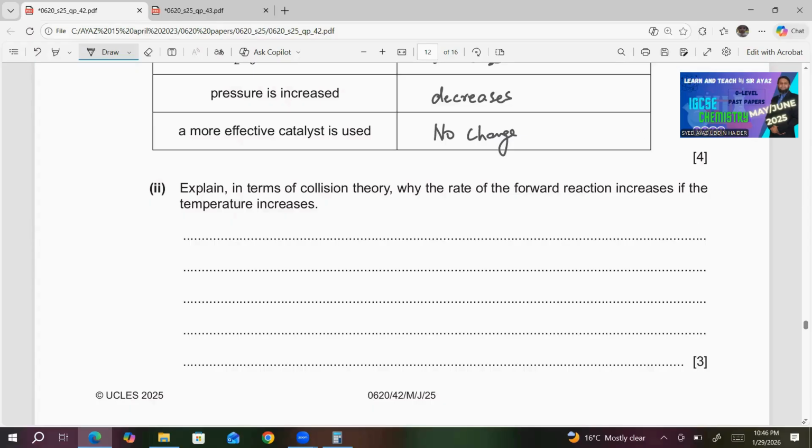You can refer to the movement or energy of the particles. Like you can write particles have more energy or particles move faster. Then you have to refer to the proportion or percentage or ratio of particles having energy equal to or higher than EA.